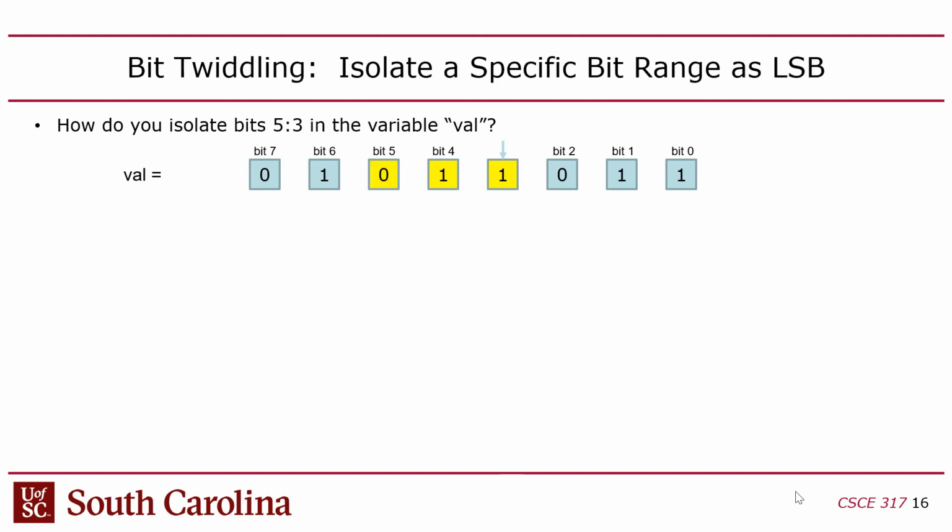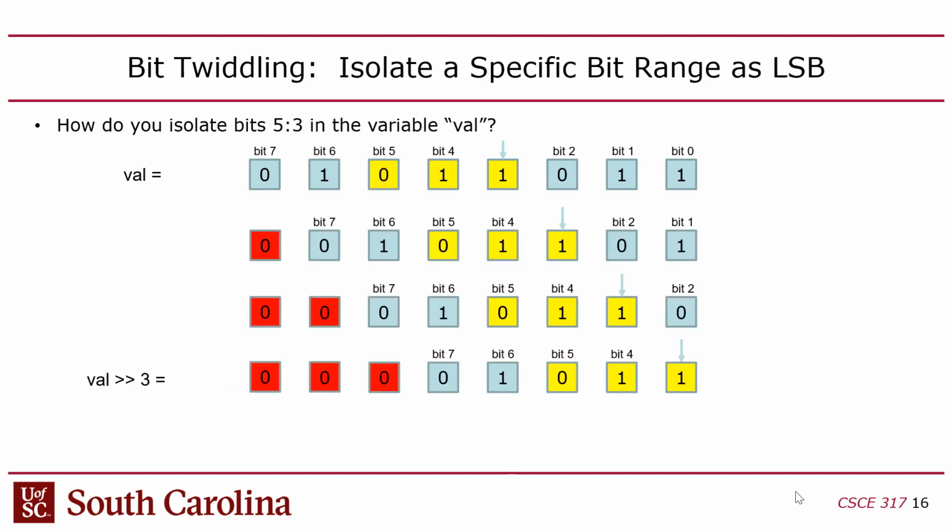Okay. Bit fields can be isolated by shifting to the right, according to the least significant bit. So this is bits 5 down to 3. So we shift 3 bits to the right. Why 3? Because it's 5 down to 3. So 3 is the least significant bit of the bit field, and we want to put that in the least significant bit of the output.